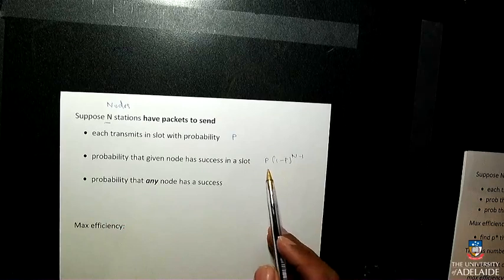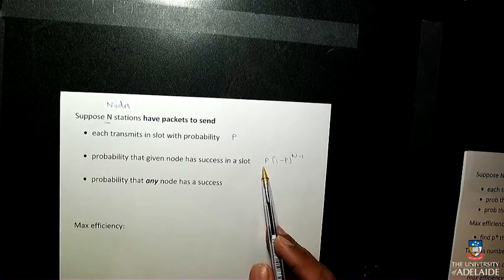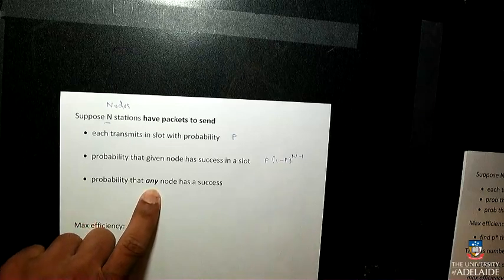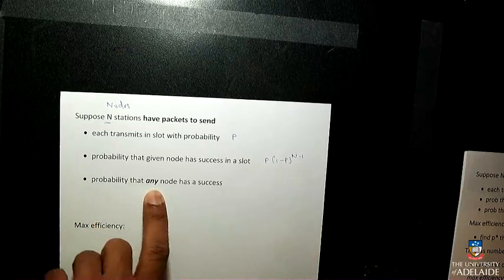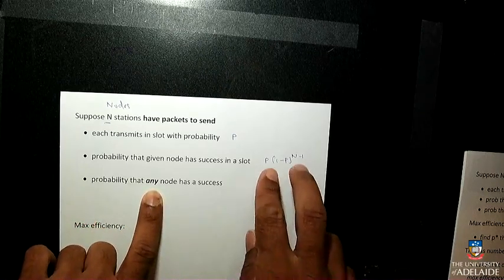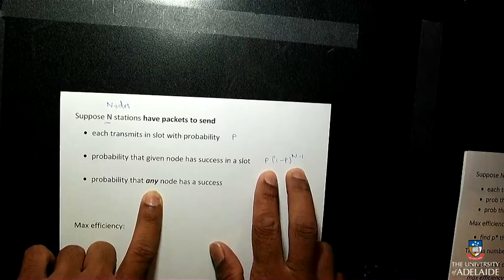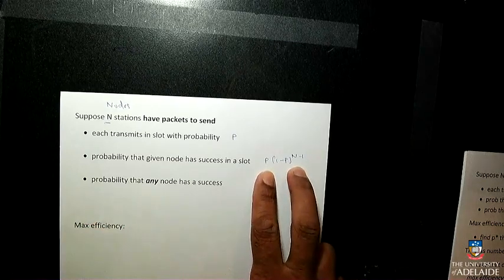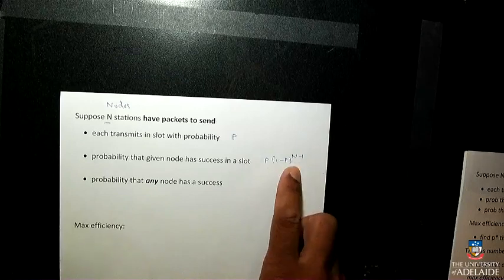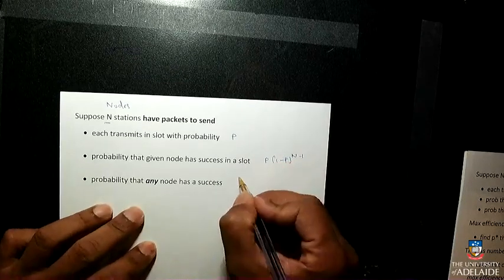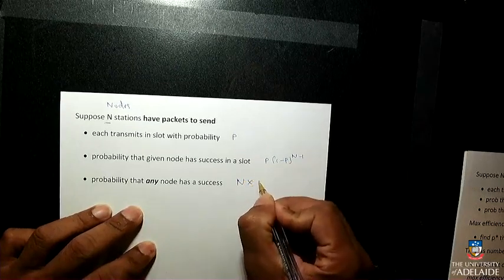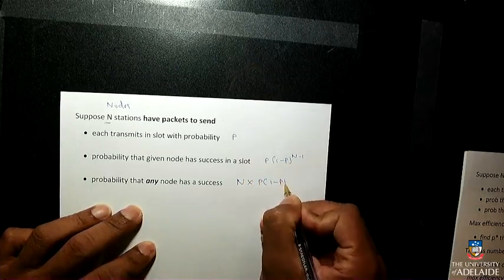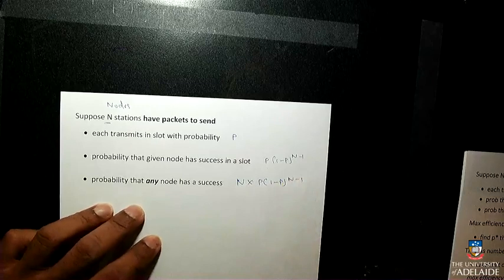That's the probability of a successful transmission for a single node. For n nodes, it's this added n times, so it's n times p times (1 minus p) to the power n minus 1.